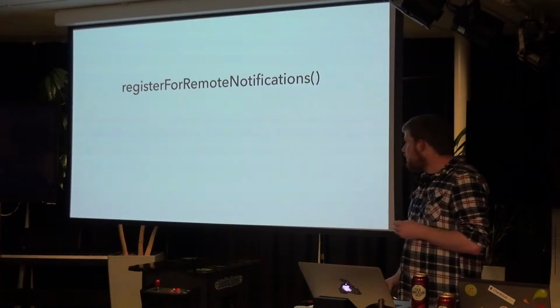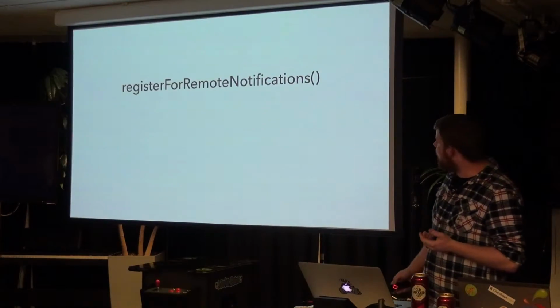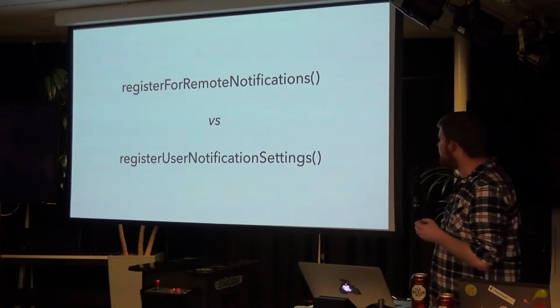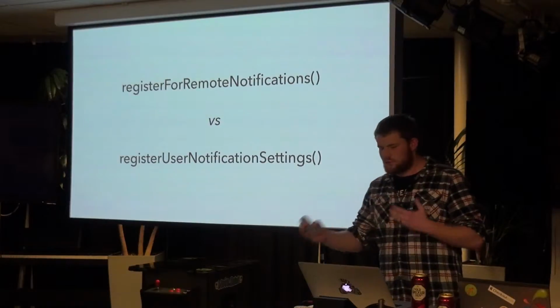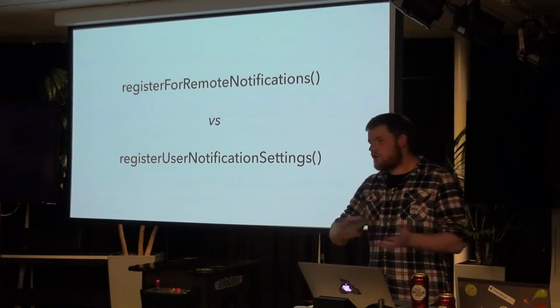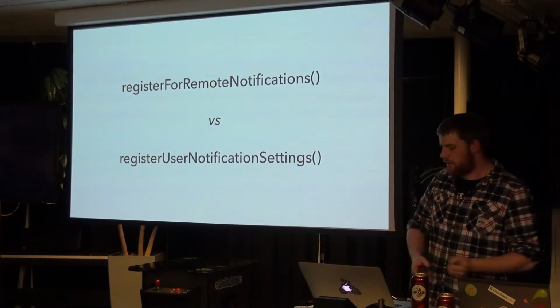Now, when you actually register for push notifications, there are two method calls on iOS. Register for remote notifications, and there's also register user notification settings. These do two very different things. The register for remote notifications asks the system to give you a token, and it will kick back a token when it's ready.